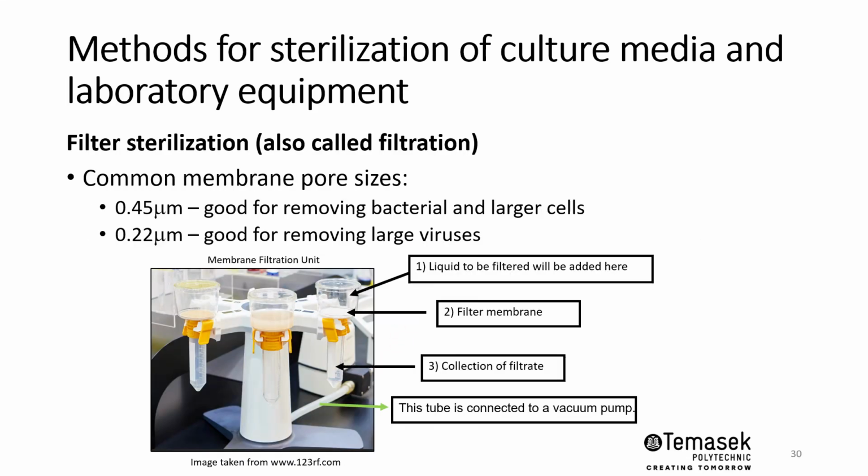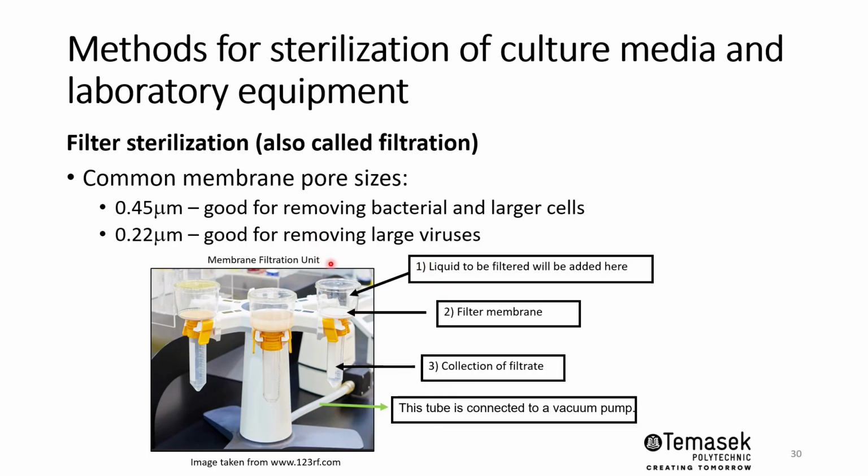Okay, so as I mentioned just now, these are the common membrane pore sizes that you can come to read about and encounter in the laboratory. Okay, 0.45 micrometer, good for removing bacteria and larger cells. Go lower than that, 0.22, the pores are even smaller. That is in fact effectively good for removing large viruses itself. So I included an image here that shows a membrane filtration unit.